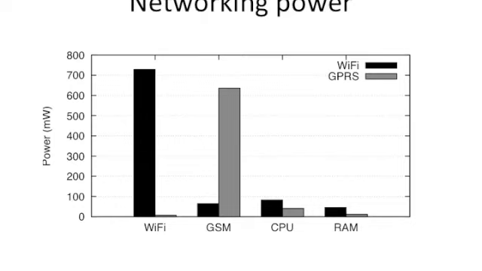Does the power consumption in case of GSM vary with the coverage area also? The question is, will the power consumption of GSM vary with the coverage area? I don't see. If they have smart power control, etc., then it could vary, but I'm not sure whether that is implemented in all.